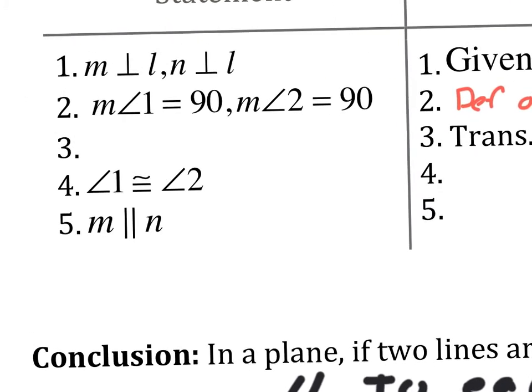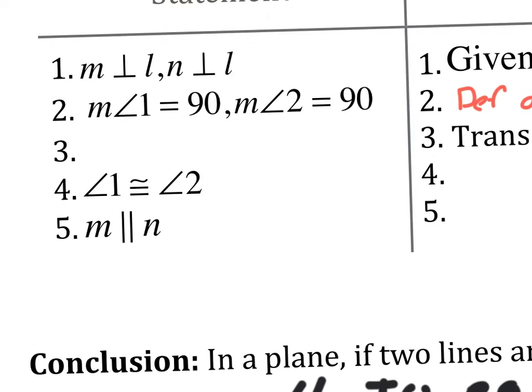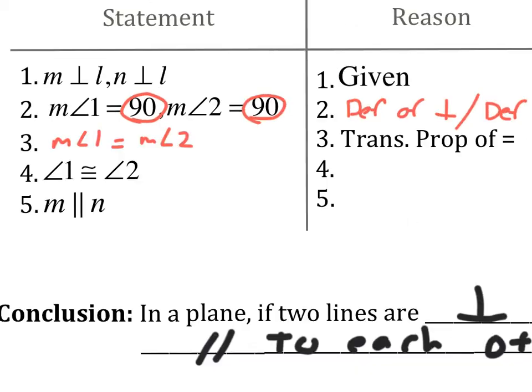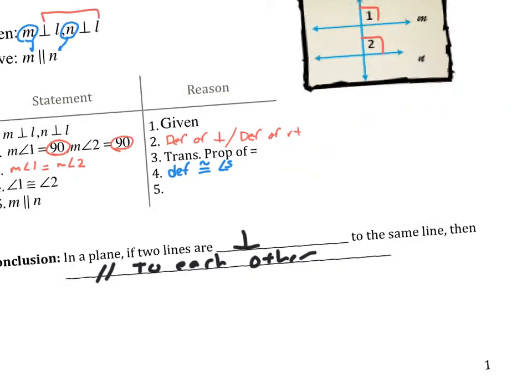Okay. Next, both of these, angle 1 and angle 2, are equal to 90. So what is true about angle 1 and angle 2? Good. So now this one is the definition of congruent. And if you simply say definition of congruence, that's fine, but specifically congruent angles in this one. And lastly, we need to look at our diagram for angle 1 and 2.